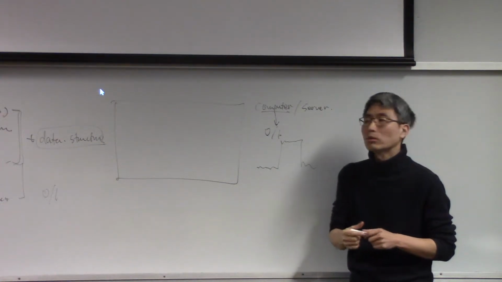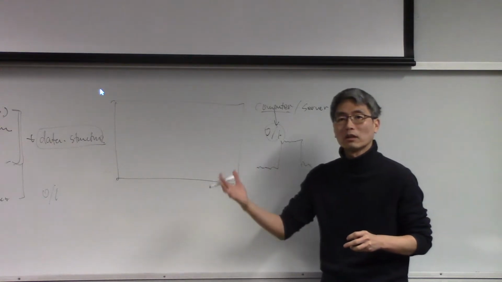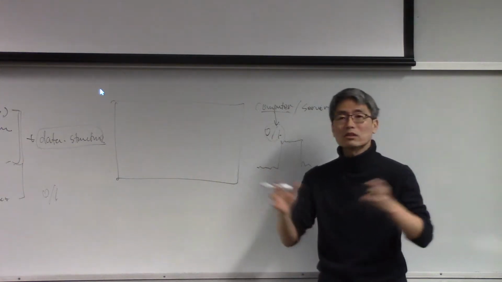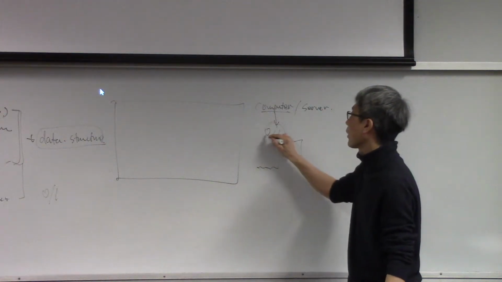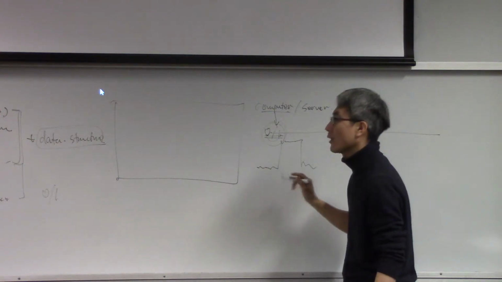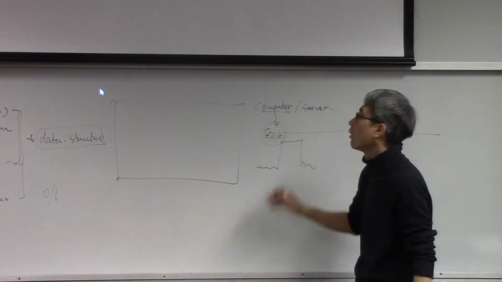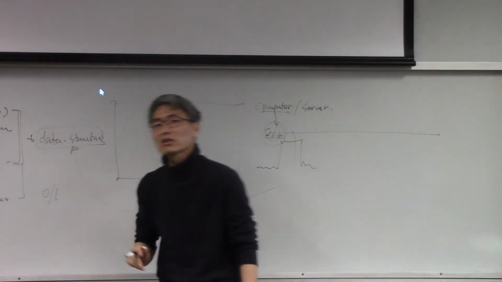But how do we use the 0 or 1 for graphics, for gaming, for data analytics, or any other complicated stuff? Because we can organize a huge number of 0s and 1s meaningfully. That meaningful organization is called the data structure.